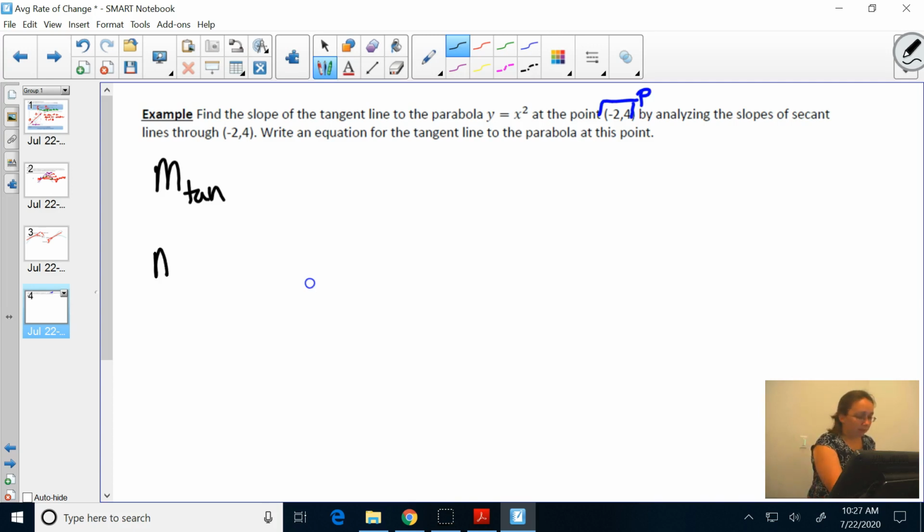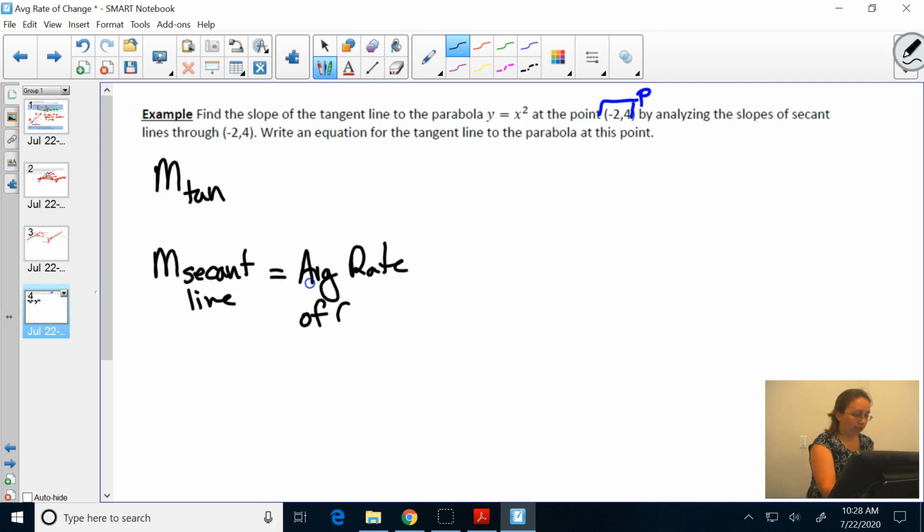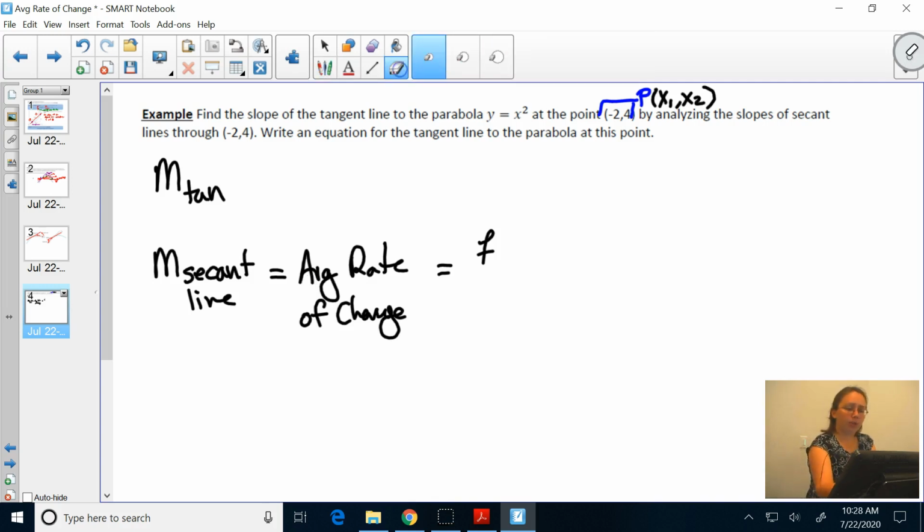So remember, the slope of the secant line is just a fancy name for our average rate of change. And we know that formula. I only have a point P, x1, y1.